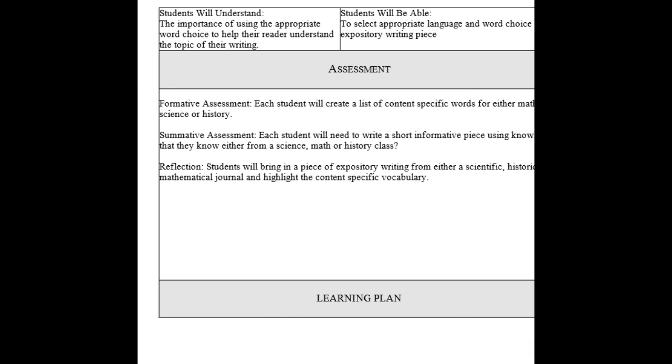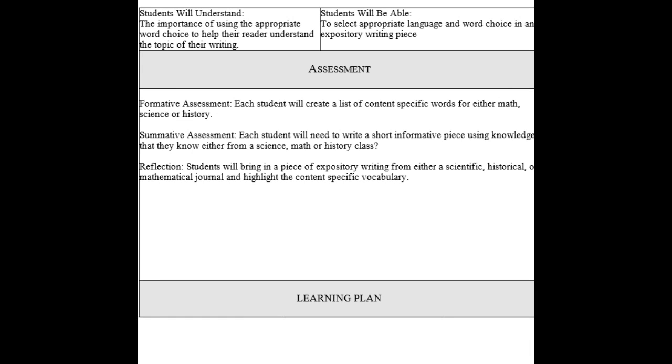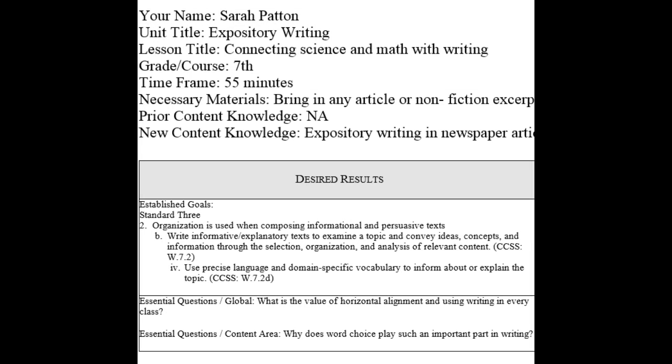So you have, students will be able to select appropriate language and word choice in an expository writing piece, all right? Right up front, selecting appropriate language isn't the same as selecting jargon that belongs to a particular field of study, okay? And also, the evidence outcome is explicit to using precise language.